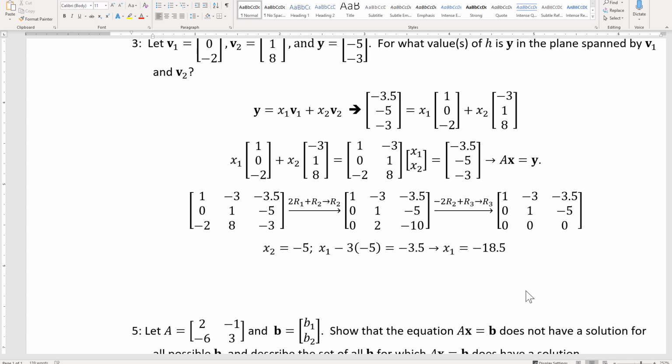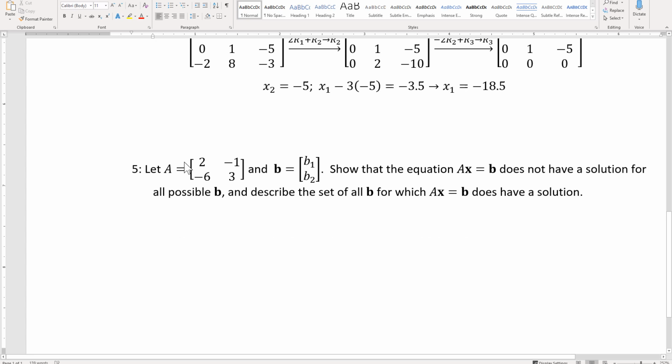Let's shift gears now and take a look at problem number 5, where we have an A matrix and a B matrix, and they want to know about this equation Ax equals b. And let's see if we can relate this to the span.